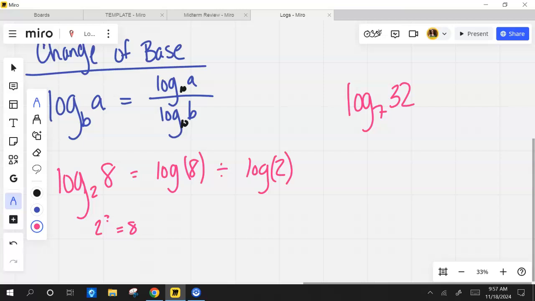So, log base 7 of 32, do that on your calculator, because that's not one that I just know the answer to and can check. So log 32 divided by what? Log of 7. What do you get? I need to know right now if you do not get this on your calculator. Can everybody get this on your calculator? Yes.